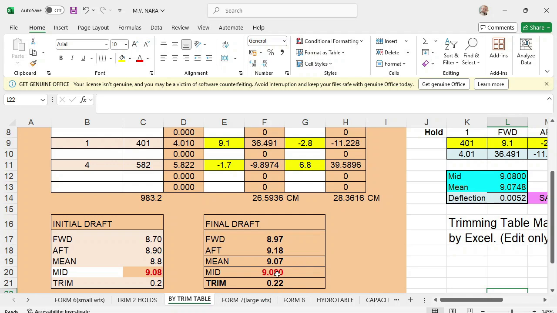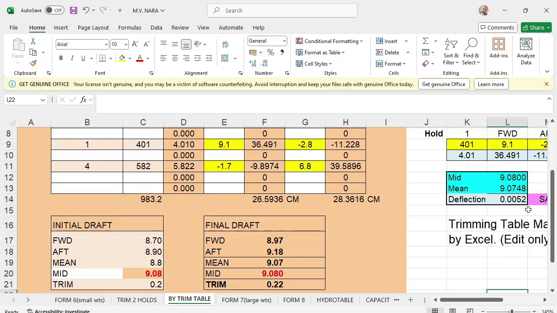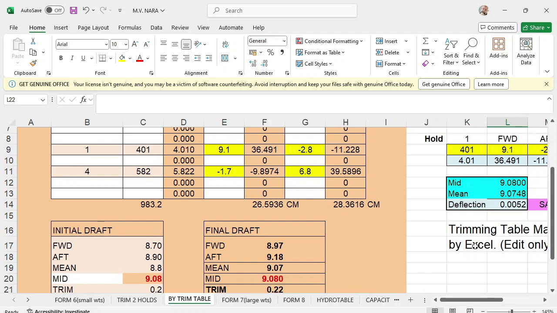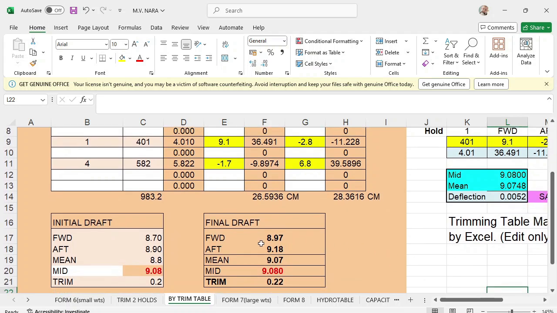To get the exact figure, this correction is only approximate, so we are going to adjust to get the right figure. The trim should be 20 centimeters, right?